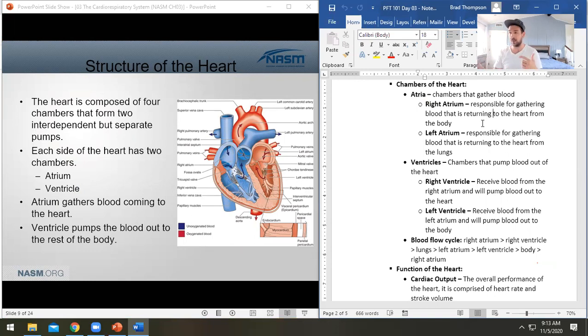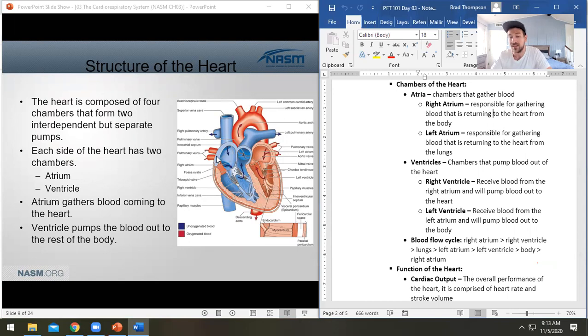So blood goes heart to body to heart to lungs to heart to body, and that's the loop. That's how blood travels, and it's got to continue coming back here.